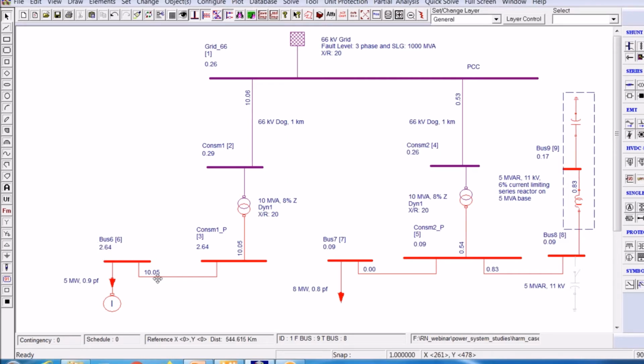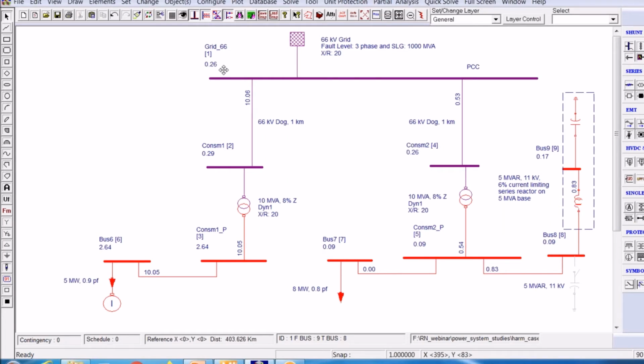The same current distortion carries over here because the load current IL is the same here, whether IL is here or here. Therefore, the harmonic current distortion is the same. And then because you have got a current limiting reactor here, the distortion has come down and the voltage distortion is 0.26 per unit.